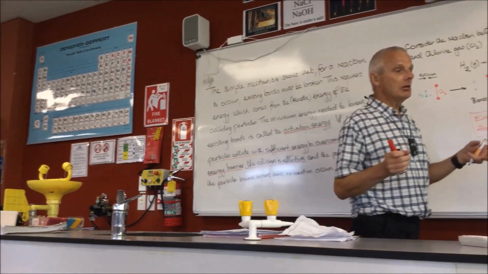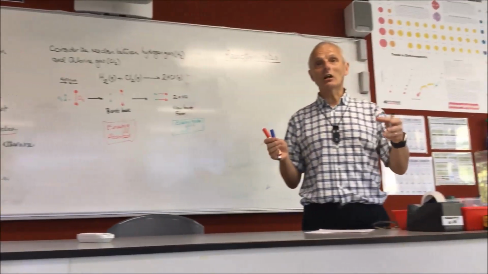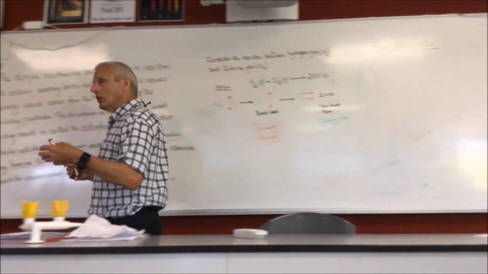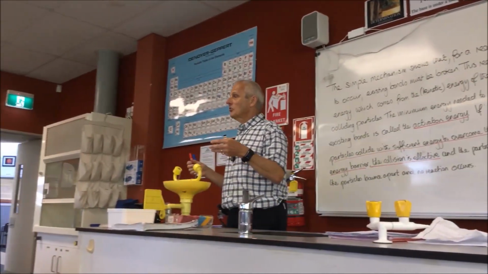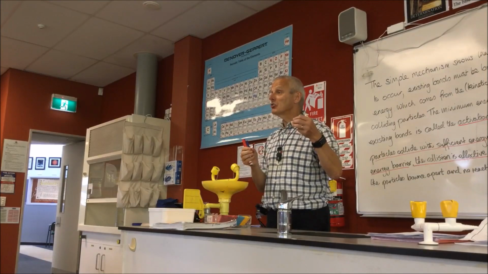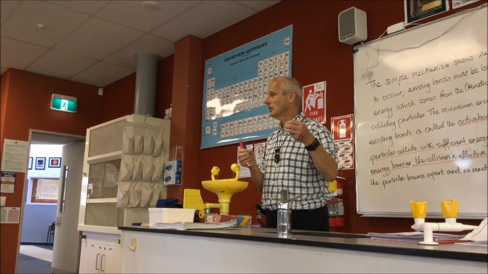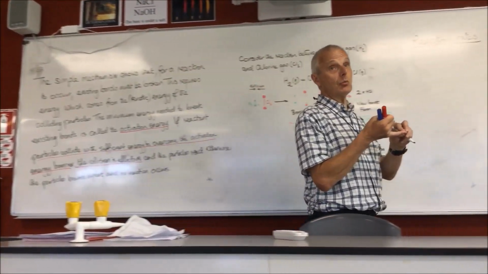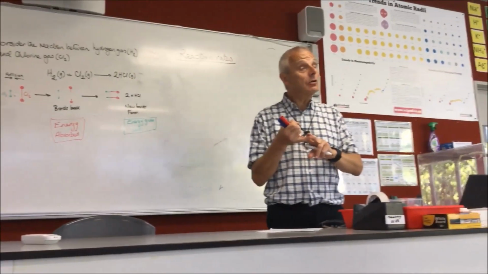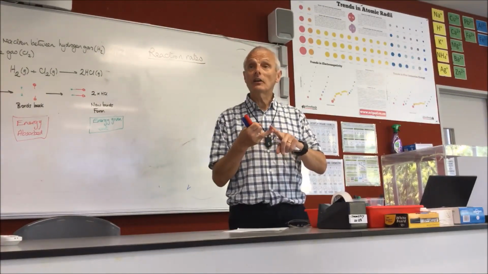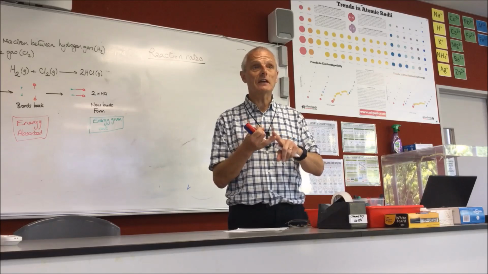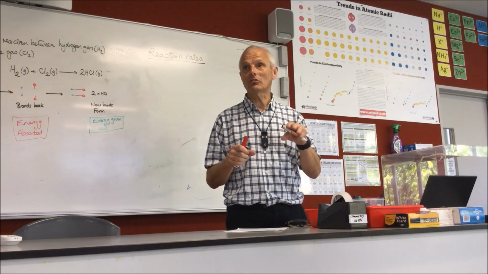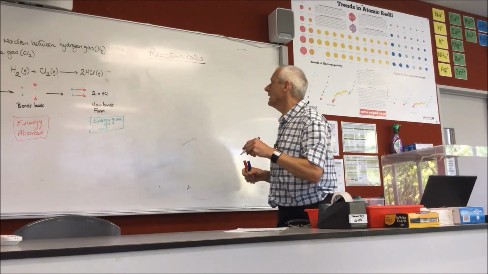So if you've got a reaction where you've got 100 particles colliding every second, and you compare that with the same reaction but you've got 40 collisions every second, it makes sense that the one with more collisions per second is going to go faster. Okay? So those are the two factors: the frequency of collisions between colliding particles, and secondly, the fraction of those collisions that are effective. If you alter those two factors in any way, it will change the rate of reaction. Okay, so that's where we're at next.